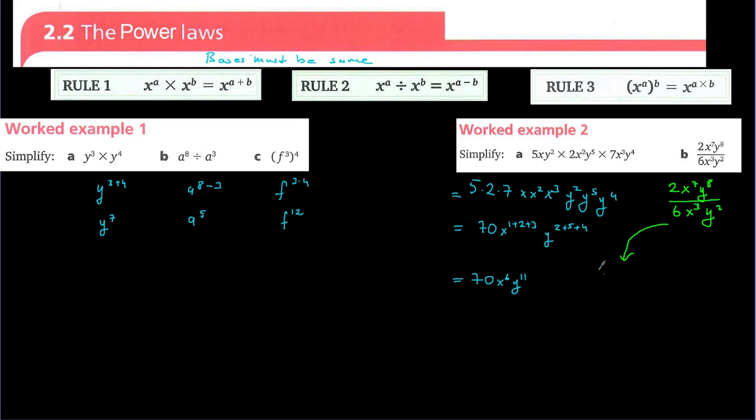First method, you can do 2 times x. You can write x to the power of 7 many times here, like this, then y times y times y, if we continue like this. x to the power of 7, y times y times y.